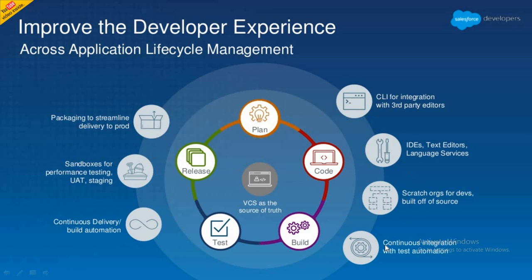Once development is done, you need a version control system. Salesforce is recommending GitHub, but you can use any, along with CI/CD tools, right? Continuous integration and continuous delivery for automated testing and to build your package or your source code.